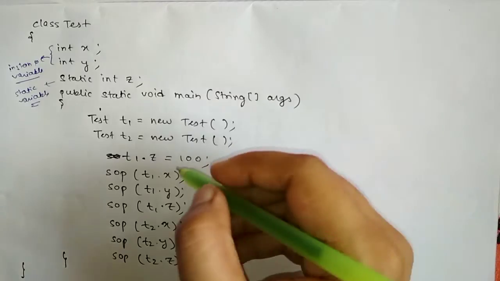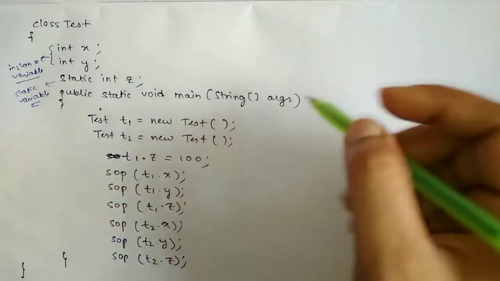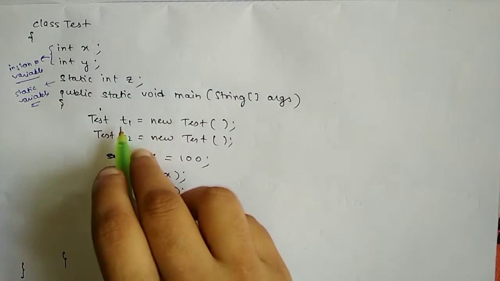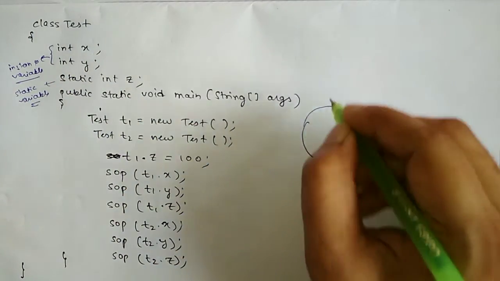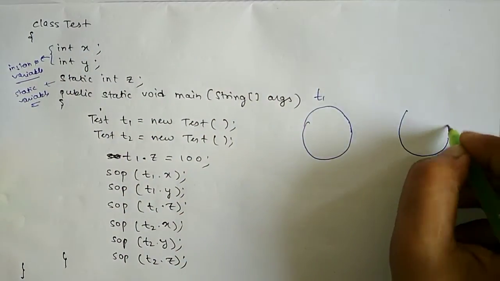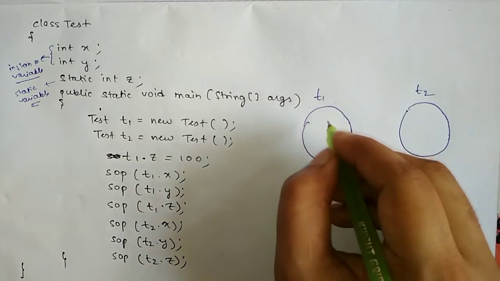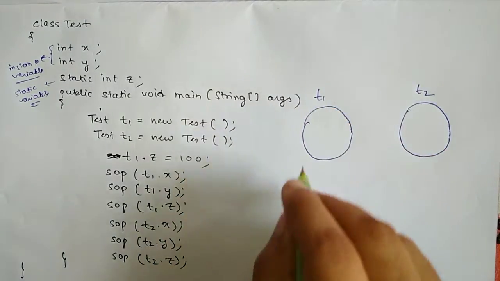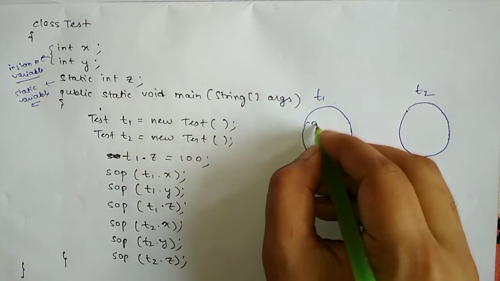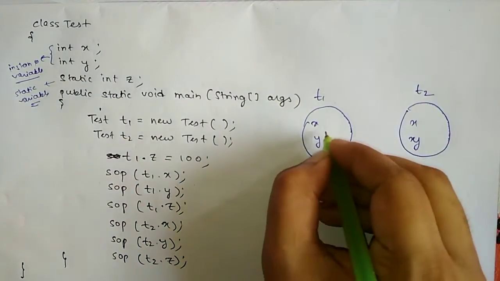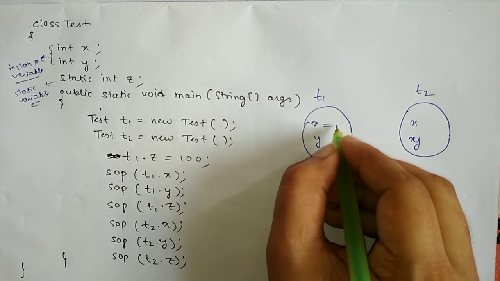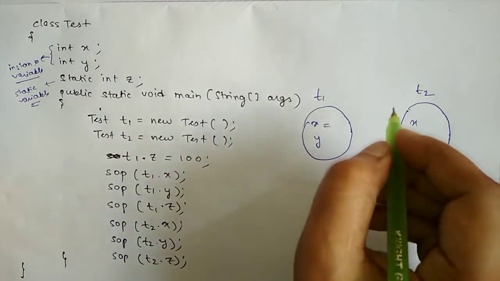We have created two objects of this Test class, t1 and t2. At the time when we create the object, the instance variables will be automatically present in the object, and they will be initialized to their default values by the JVM.